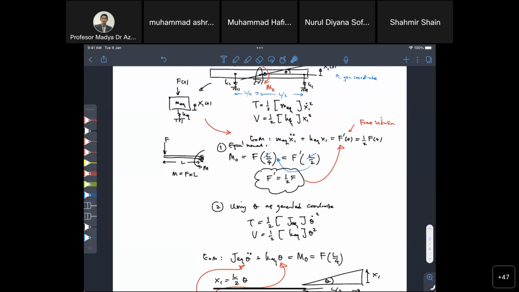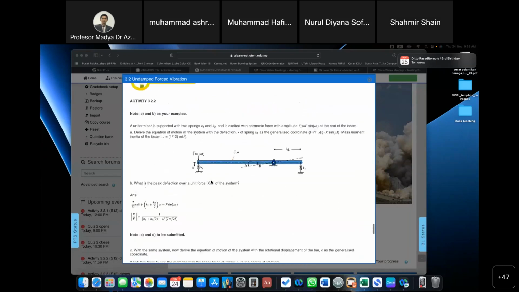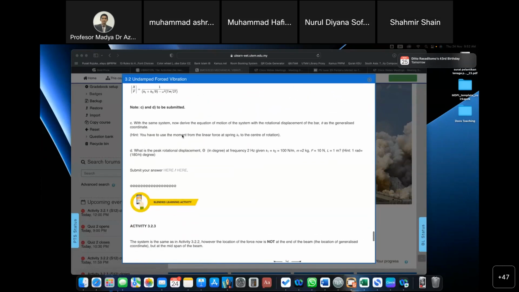So this is how to solve this one, activity 322 and 323.